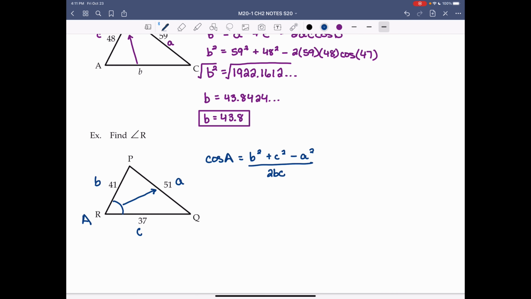Now I'm going to plug in my values. Cos A equals B is 41 squared plus C is 37 squared minus A, 51 squared, all divided by 2 times B, which is 41, times C, which is 37. Then again, just put all of that into our calculator.